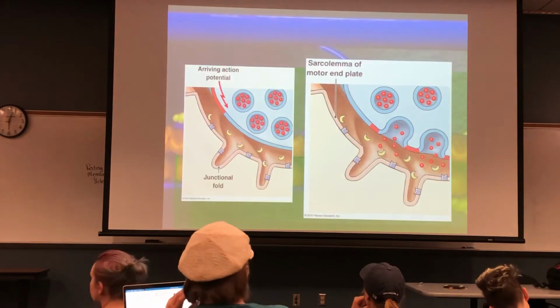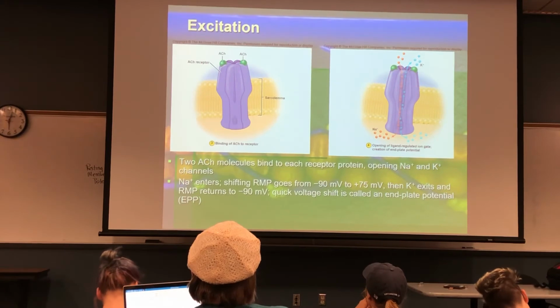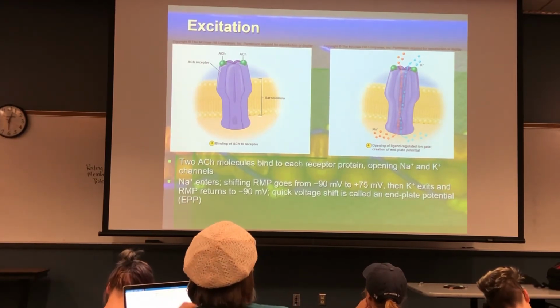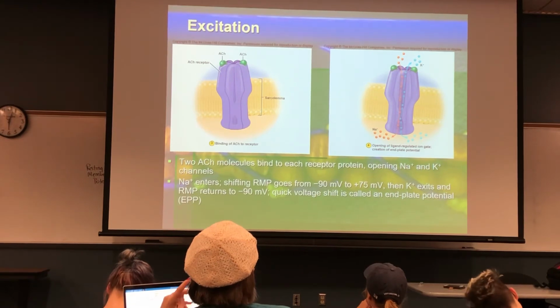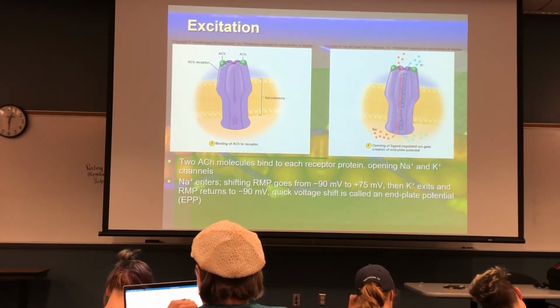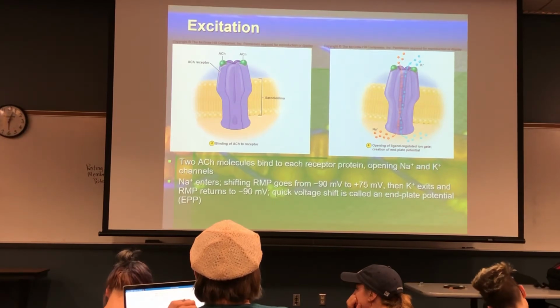So once they bind, we said that it opens up this channel. And this is not a voltage-gated channel, but a ligand-gated channel, L-I-G-A-N-D. And remember what a ligand is. It's the official name for any chemical that binds to a receptor. So in this case, the ligand is acetylcholine.